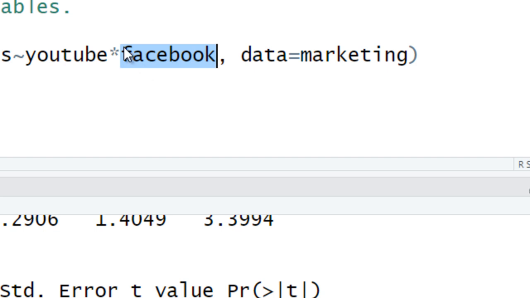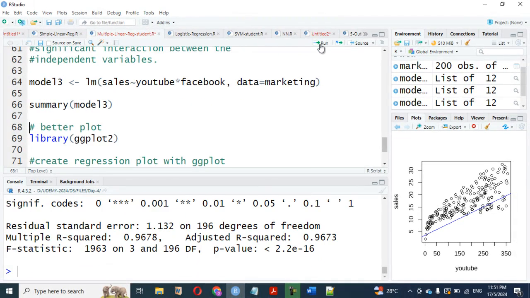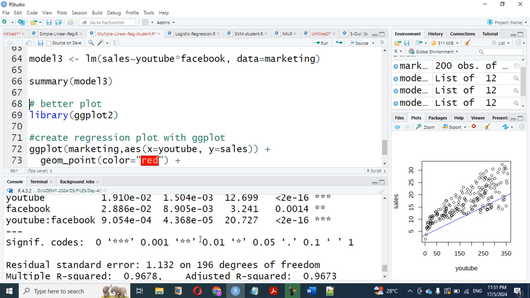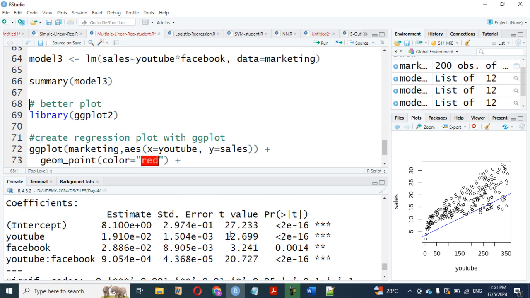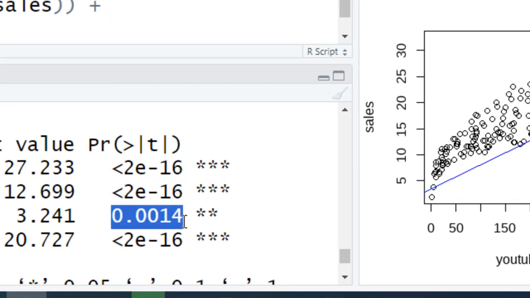So if you run this line and summarize our model 3, we get a value here that is already significant as well. When we check properly, YouTube is significant, and Facebook is significant too, but even though YouTube is highly significant at this time, Facebook has come down a little bit.